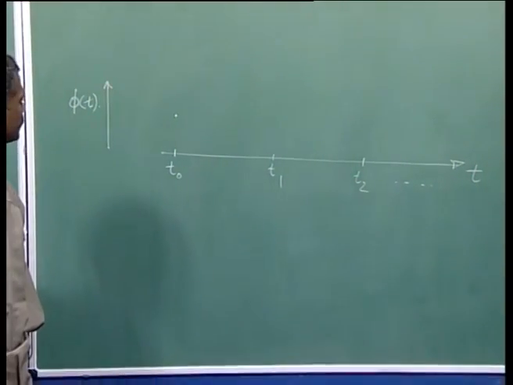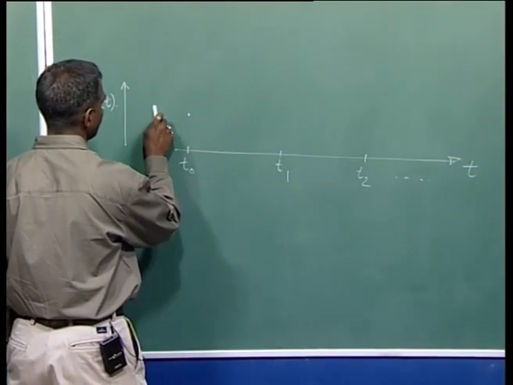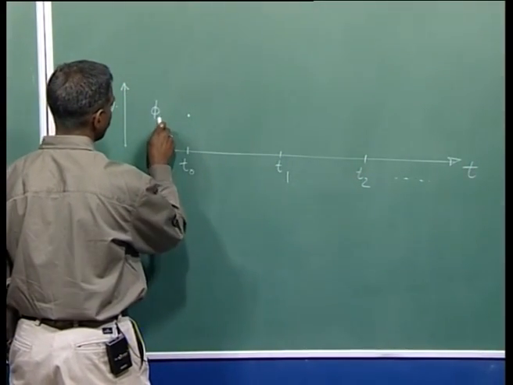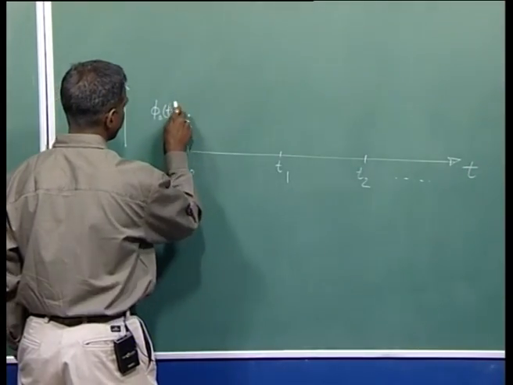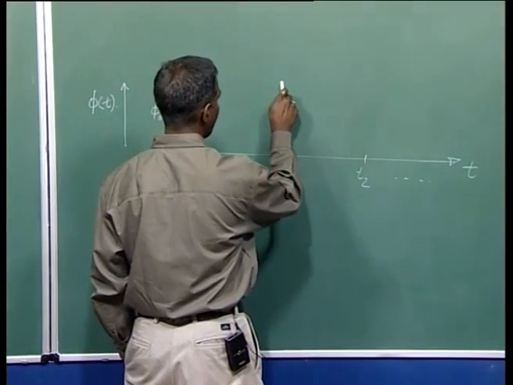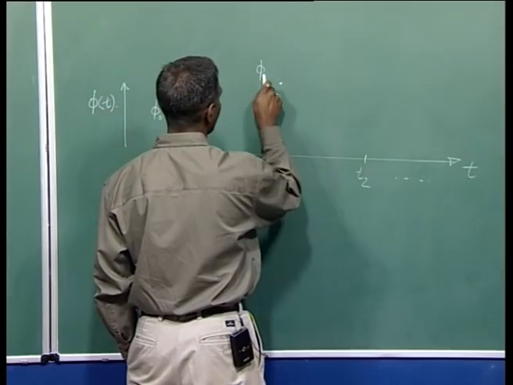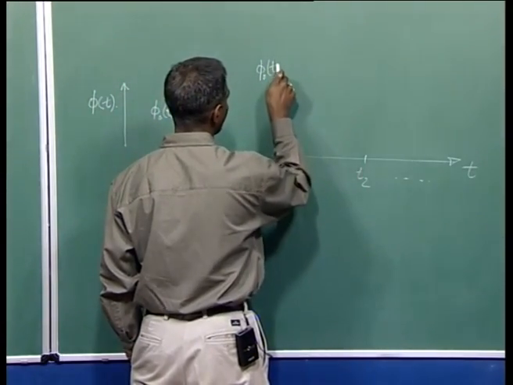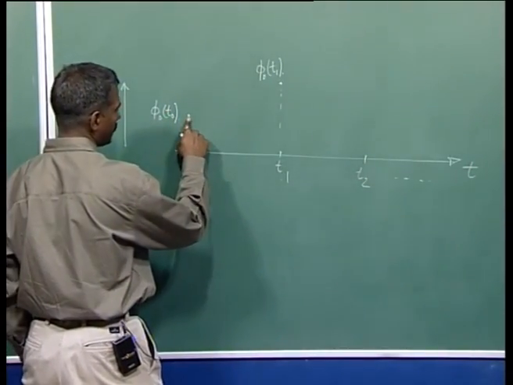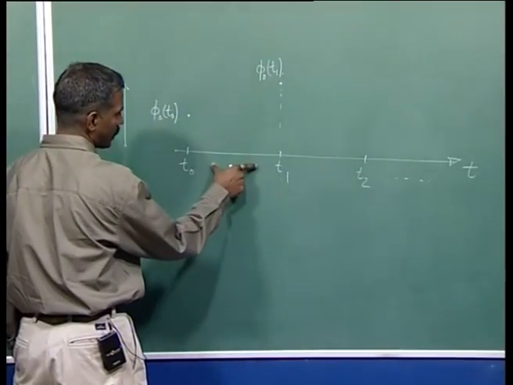Let me start constructing a spline curve from here. At t0, let me assume that I know the value of phi 0. Likewise, at t1, let me assume that I know the value of phi 0 again. Phi 0 would be the curve in between t0 and t1, that is, in the first knot span.